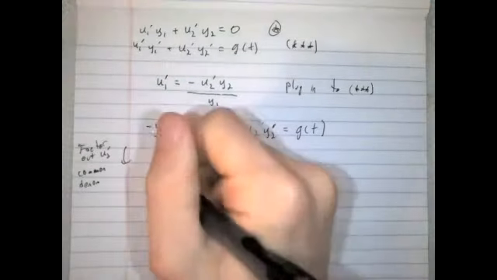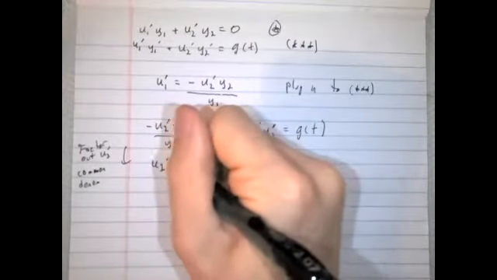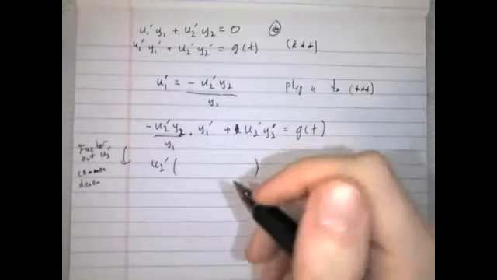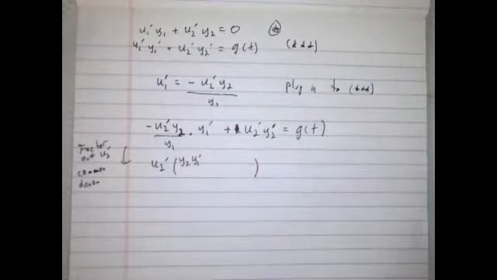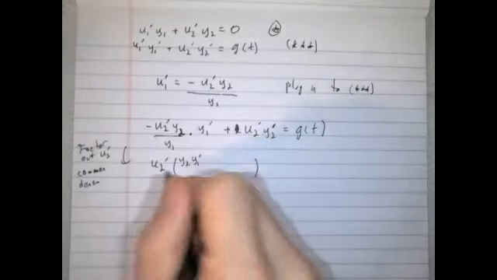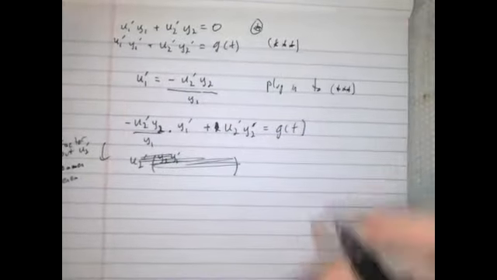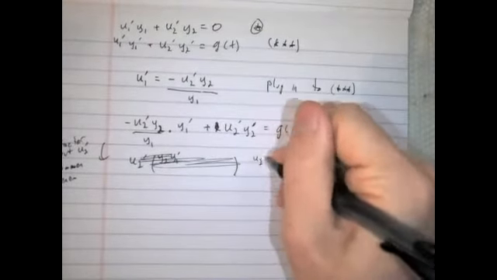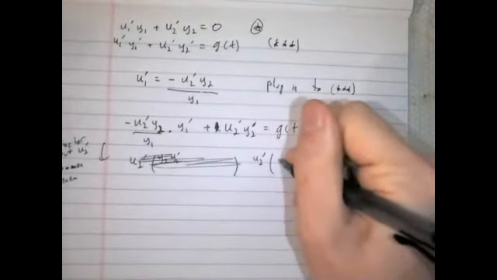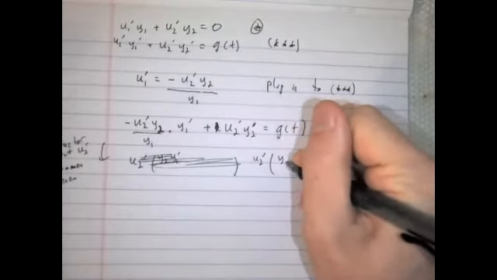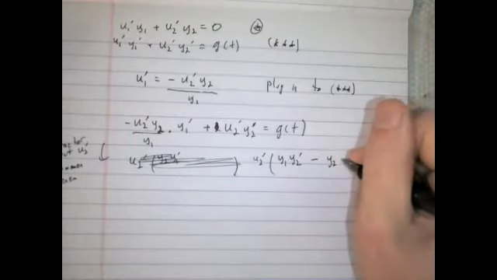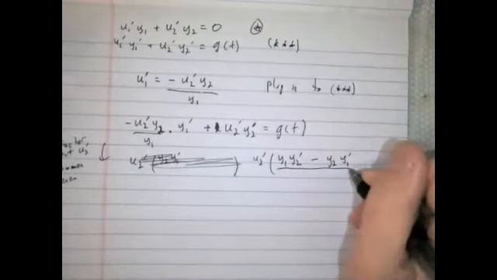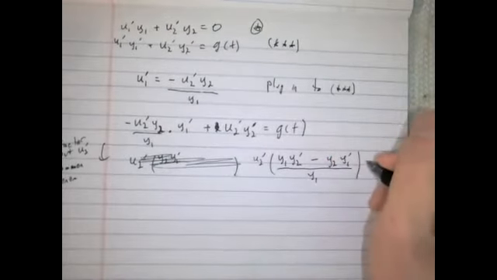And what I get is u2 prime times, oh, sorry, what I should get is u2 prime times y1 y2 prime minus y2 y1 prime, all over y1, is equal to g of t.